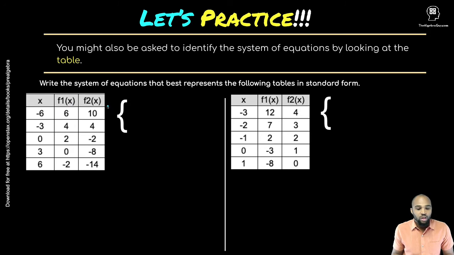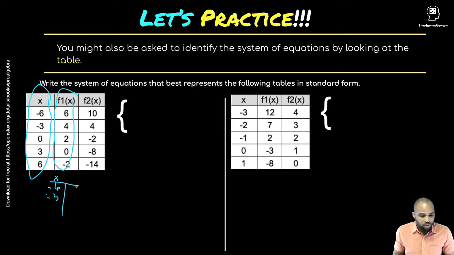So how do we come up with the equations that go with these? Well, let's start with just these two. All right, so I'm going to use these X's, and actually let me rewrite this, that'll make it easier. -6, -3.